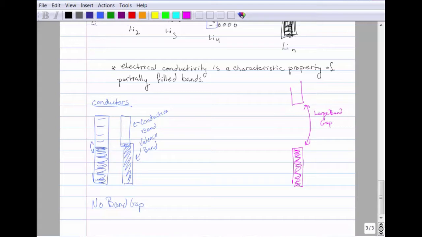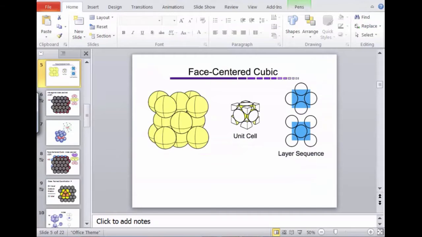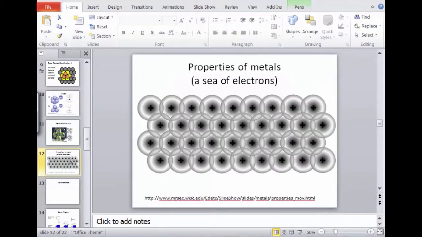So in metals, the bonds are not covalent, they're not directional. We think of metals as like a sea of electrons. Here, this is literally what we think of when we think of metal ions. So you have basically these positively charged nuclei just kind of floating in a sea of electrons. They're not necessarily covalent bonds.